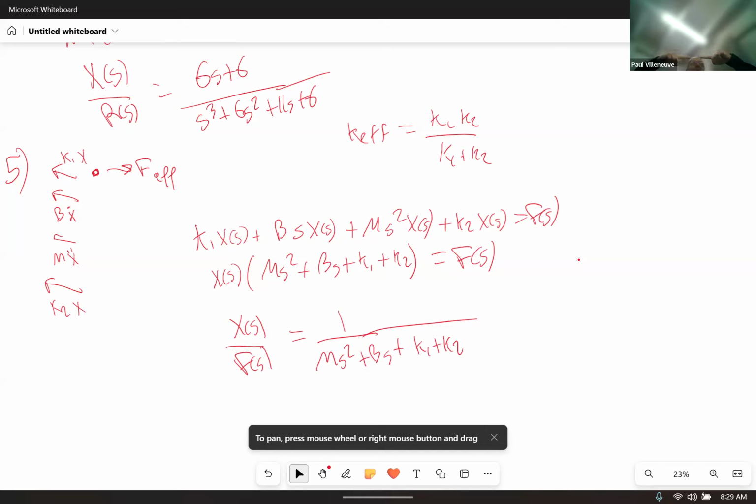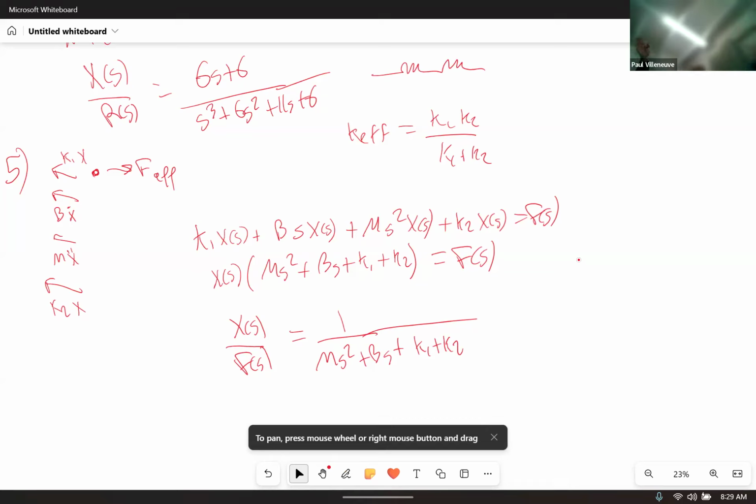One spring is being compressed, and the other spring is pushing this way because it's being compressed, which means the other spring is going to fight it. So those are like resistors in parallel, if they are actually in series. They're actually fighting against each other.